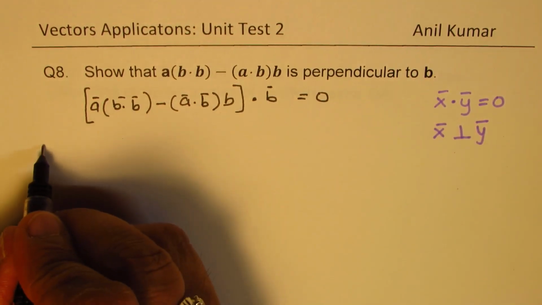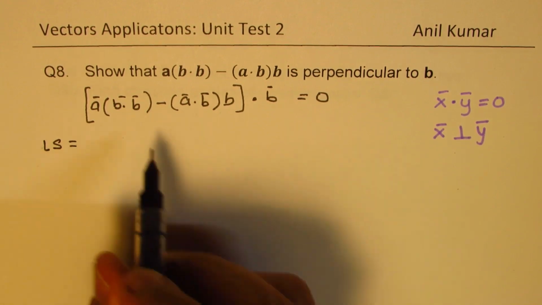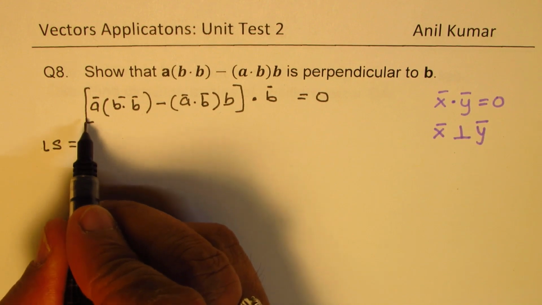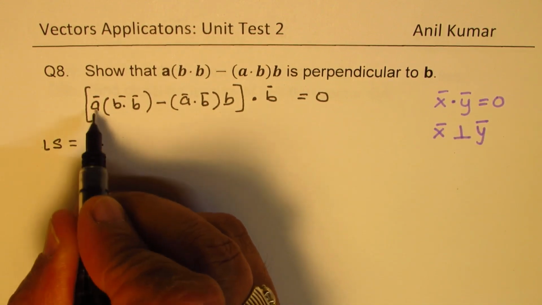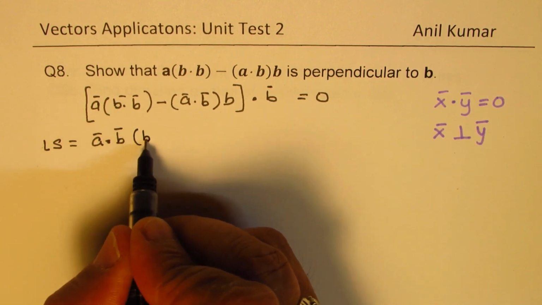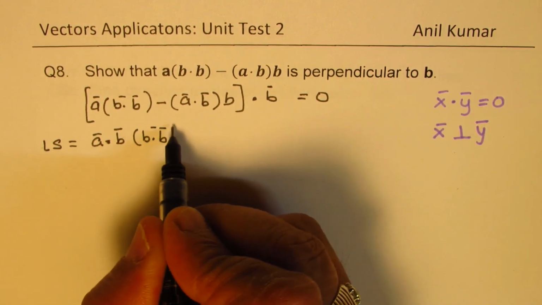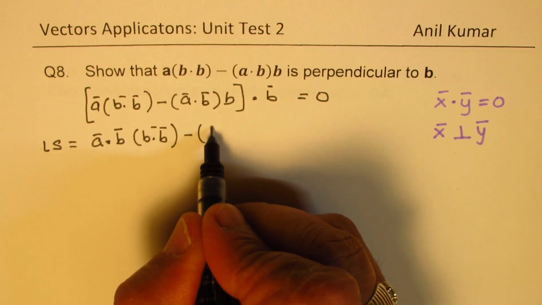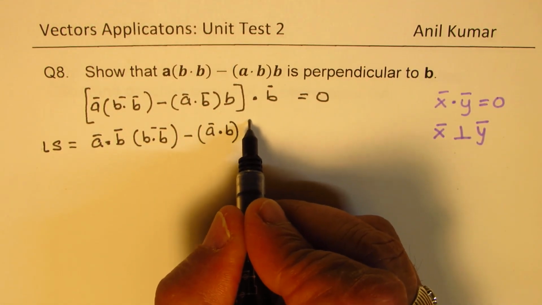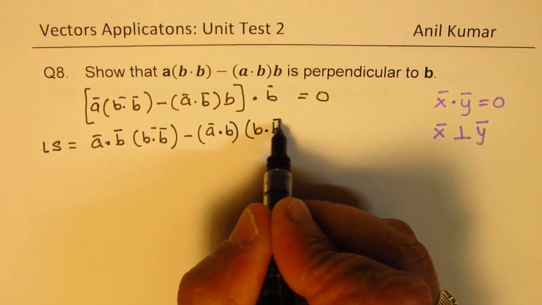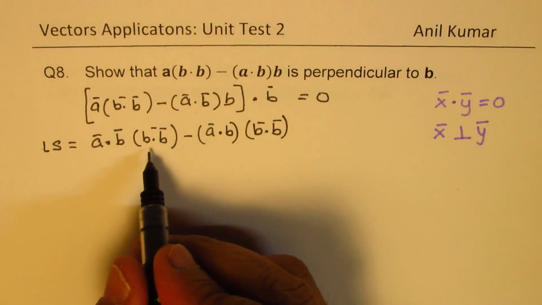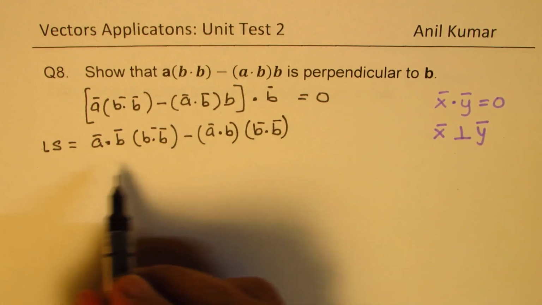So let's begin with the left side. So the left side here is a dot product. Let's do this. So we get A dot B, right? And here we have B dot B, minus we have A dot B, and here we get B dot B, correct? Now B dot B is the magnitude of B squared, right?